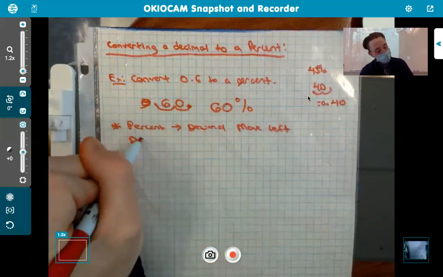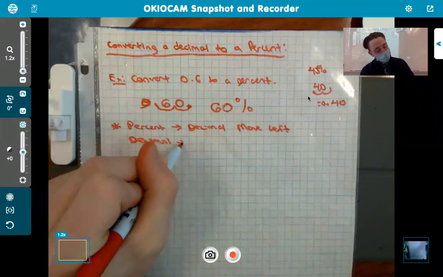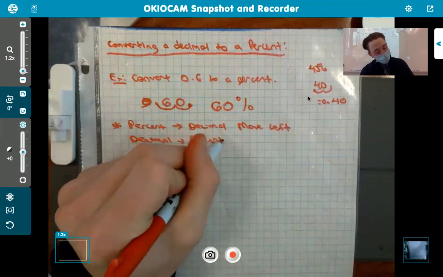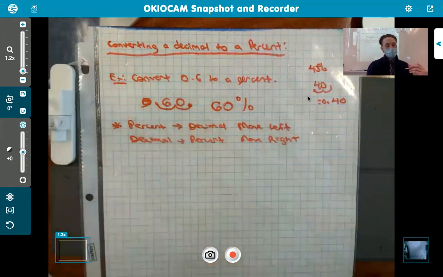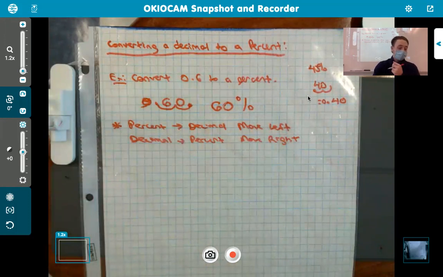When you're going from decimal to percent, you move to the right. So percent to decimal, you move to the left. Decimal to percent, you move to the right.